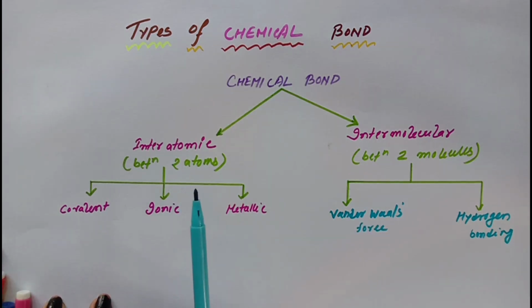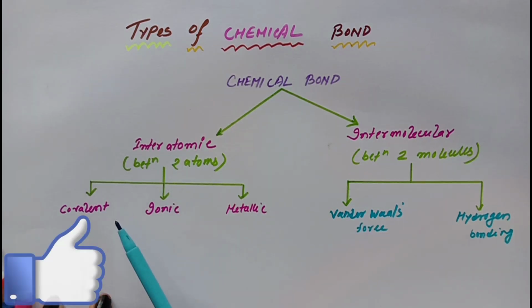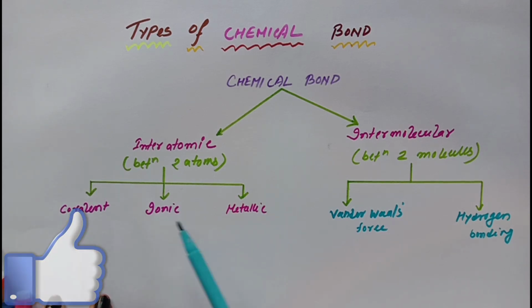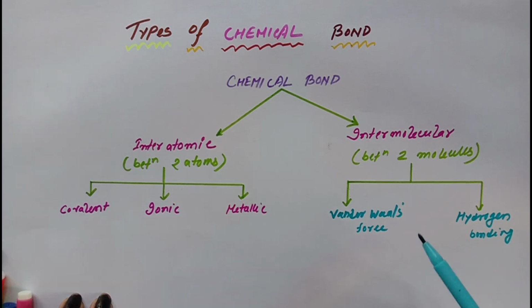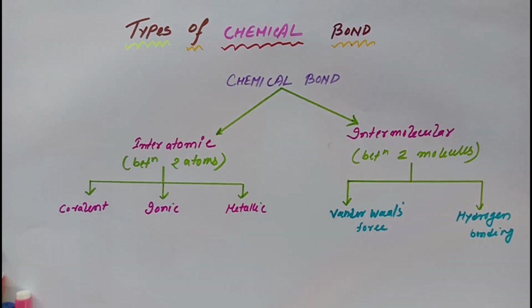Interatomic chemical bonds are basically classified into 3 types: covalent bond, ionic bond and metallic bond. Another bond is also found, known as coordinate bond, but coordinate bond is similar to the covalent bond. And intermolecular bonds are van der Waals force of attraction and hydrogen bonding.